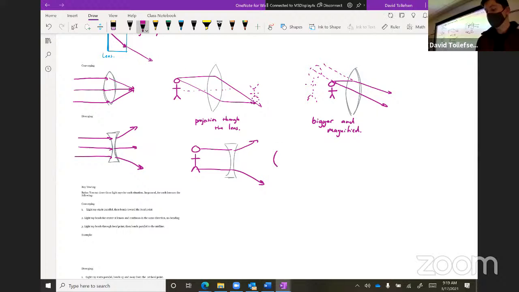And if you're looking through the lens, remember that your eye doesn't see the bent light. It just thinks it's going straight back. And so your eye sees a little small image behind the lens. I don't have a diverging lens to see that, but it would be a smaller image behind that.